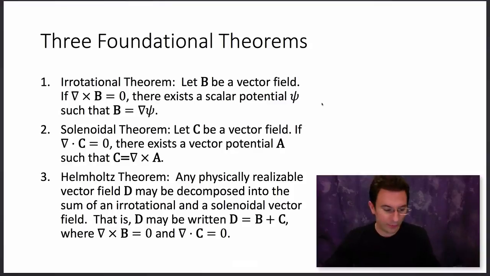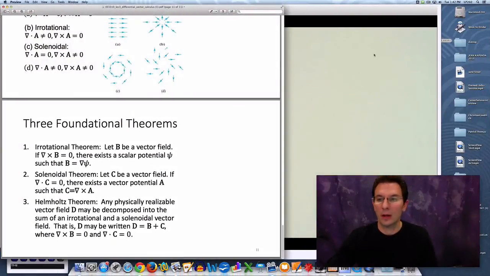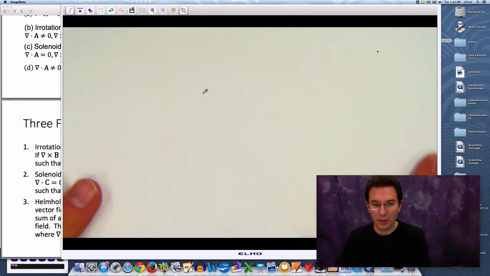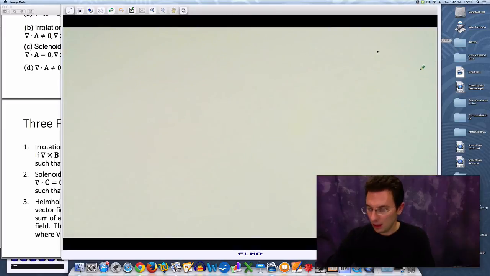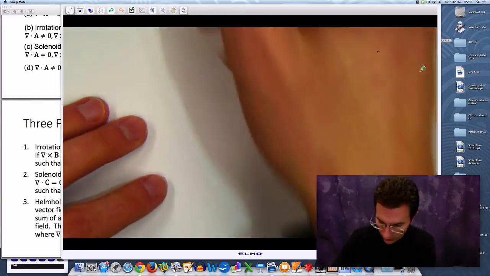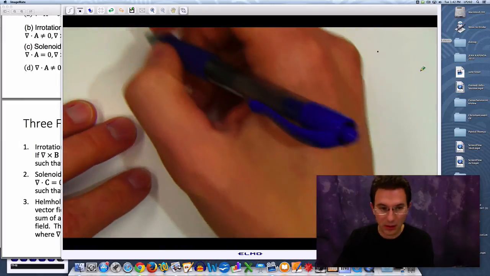Well, again, what does that mean? Let's come back to our Elmo here. What does it mean in terms of something practical? Well, let's look at another vector field in this case. Let's look at one that looks like this.